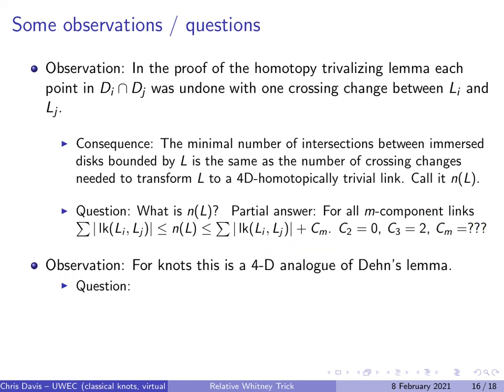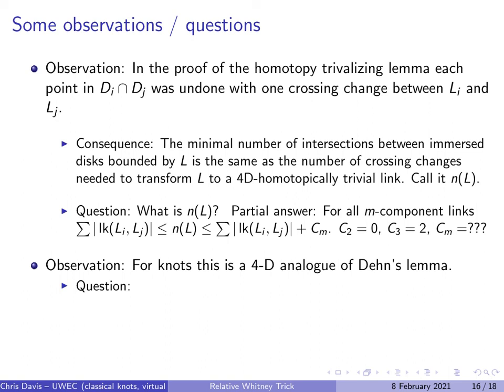So the next observation to make is this is kind of a 4D analog of Dehn's lemma. You'll recall Dehn's lemma, maybe a little informally, says that if you have a curve in the boundary of a 3-manifold, then that curve is homotopic to a curve that bounds an embedded disk in that 3-manifold. Now, the result of Austin and Wolfson that I presented almost a full hour ago now is kind of exactly that. If you have any knot in a homology sphere that's the boundary of a contractible 4-manifold, that knot is homotopic in the boundary of that 4-manifold to something that bounds an embedded disk.